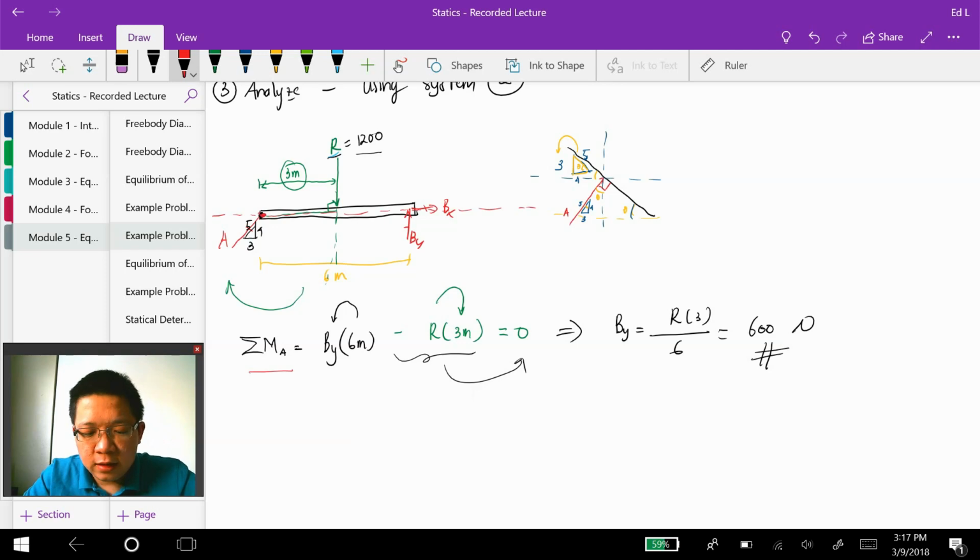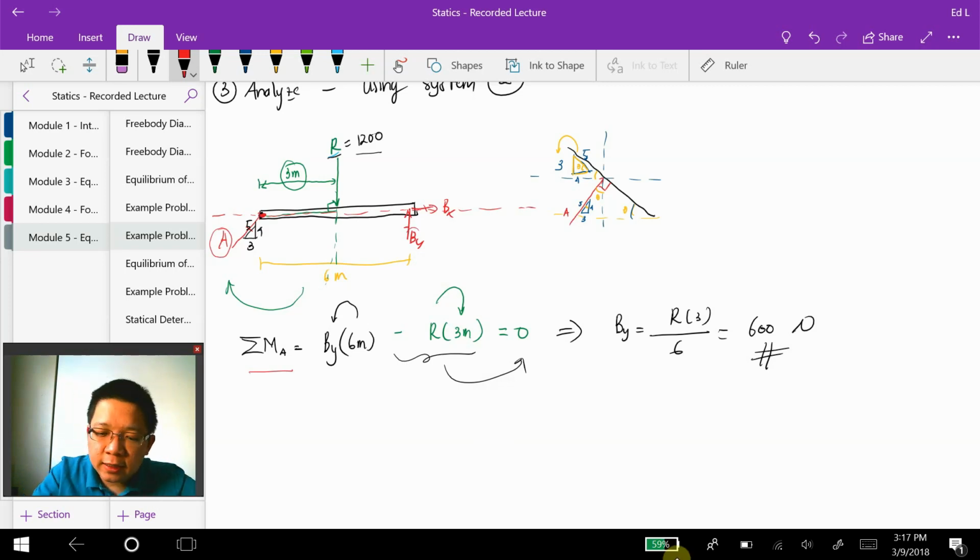That's why there's no contribution of Bx to the sum of moment at A. And the reason why the force A does not contribute to the sum of moment at A is that the force A passes through point A, so there is no moment arm and no contribution.